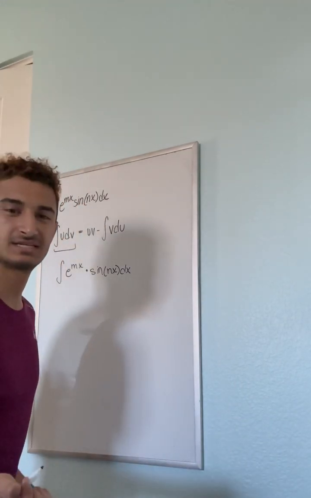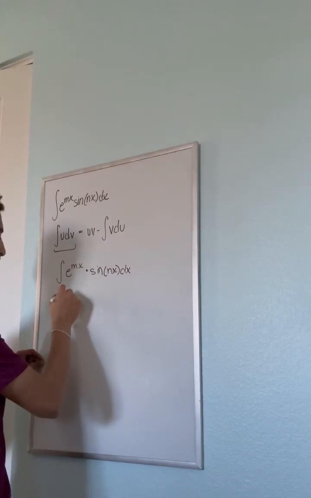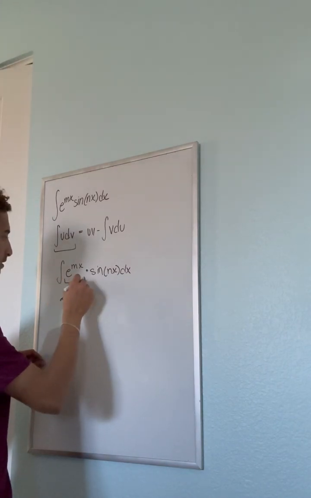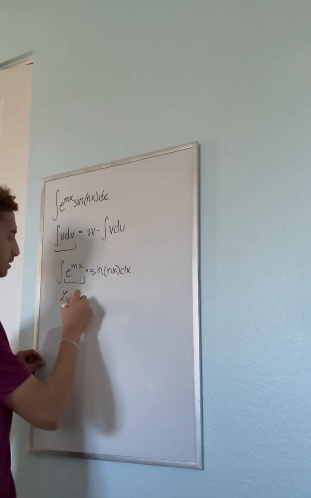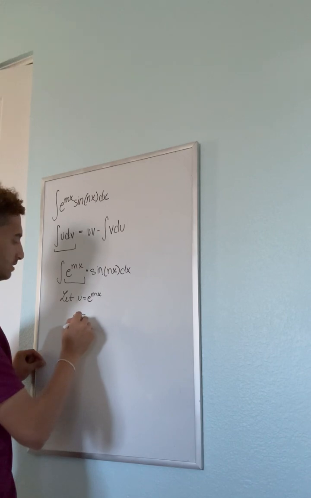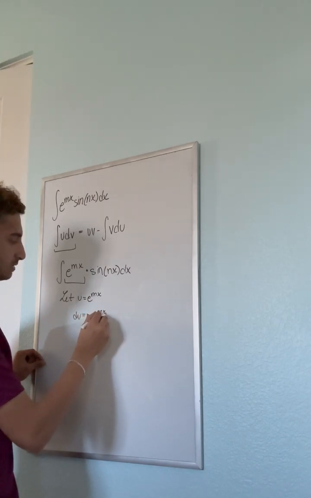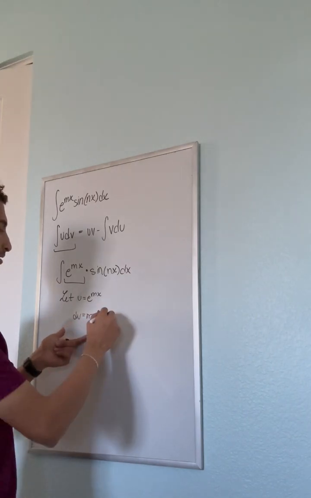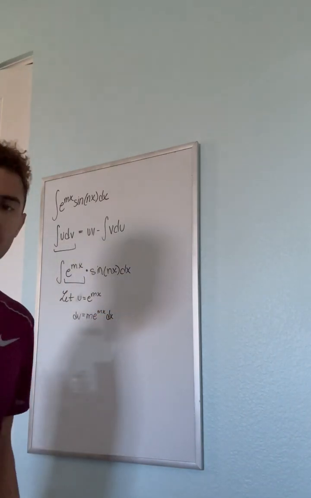But now, here's where the interesting part is, because if we let u equal e to the power of mx, then du would have to be m times e to the power of mx dx, because this uses the chain rule.